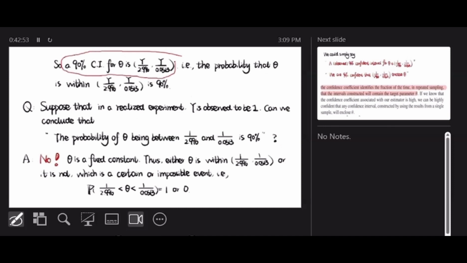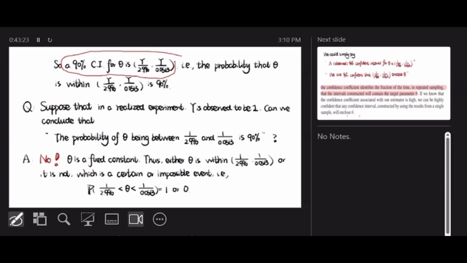I've plugged in the A and B that I got. And in interpretation, we are 90% confident for theta. When you say 90% confident, we're trying to say the probability that theta is within the interval is 90%.